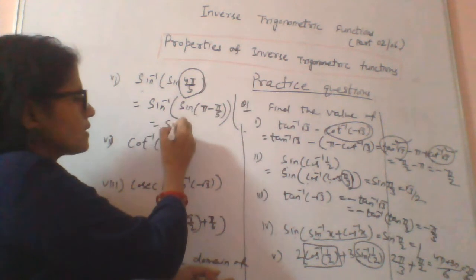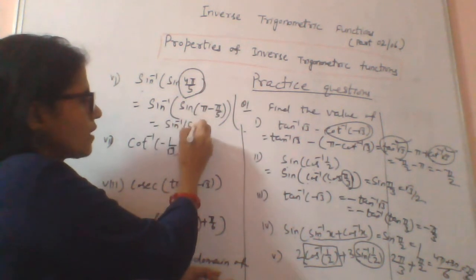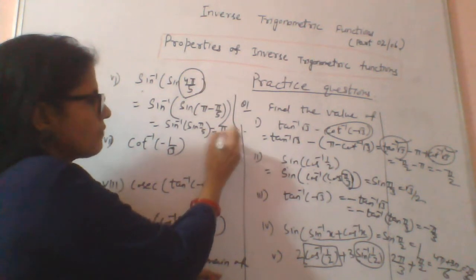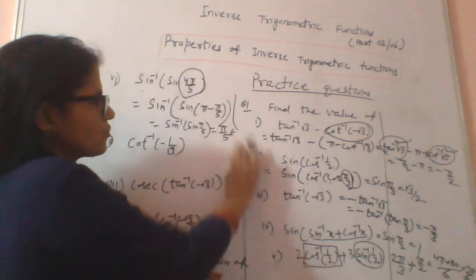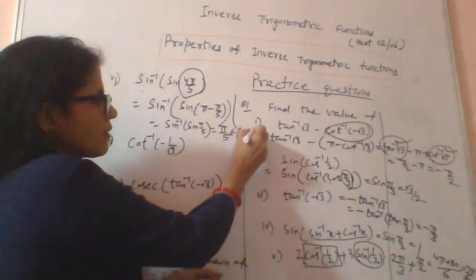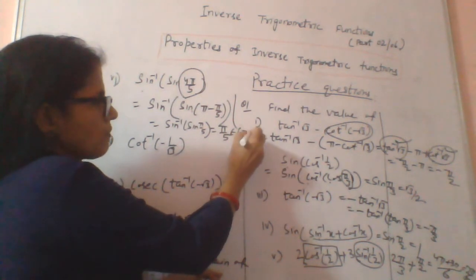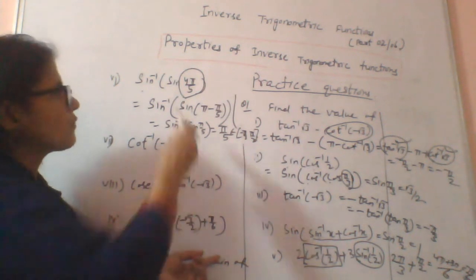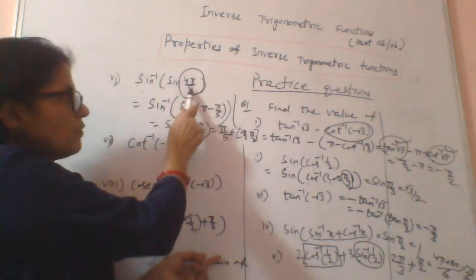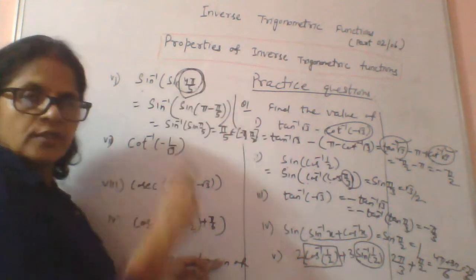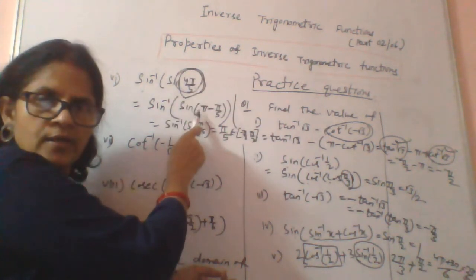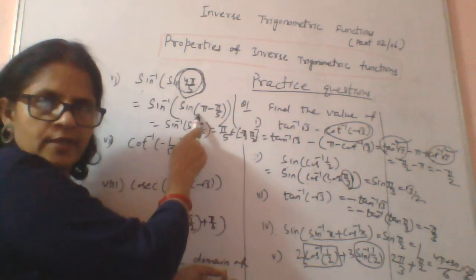So you are getting sine inverse sine pi by 5, that is equal to pi by 5. This belongs to your closed interval minus pi by 2 to pi by 2, so this value can be accepted. Whenever you see such a question, where the value is not within the principal value branch, we have to reduce the angle like this.